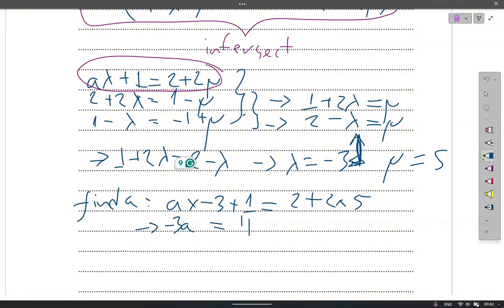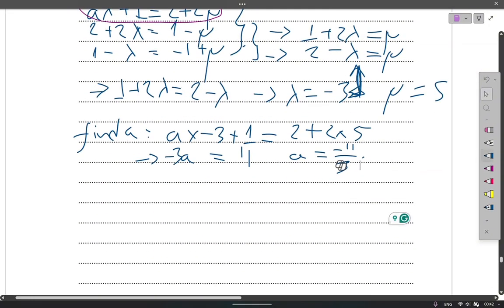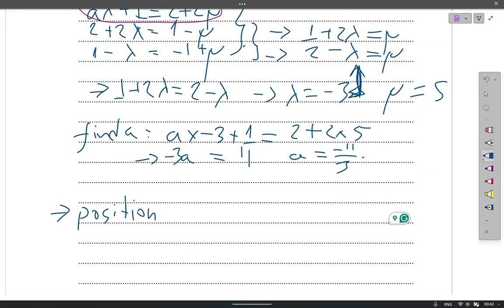Which is 11, and a is just minus 11/3. From here we can calculate the position vector of the intersection.